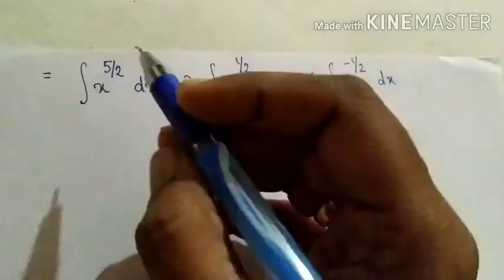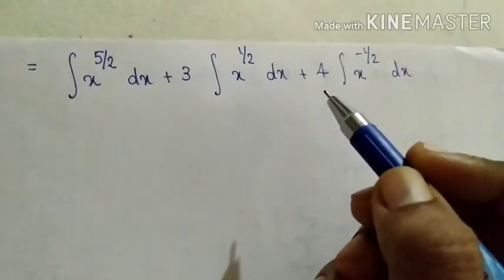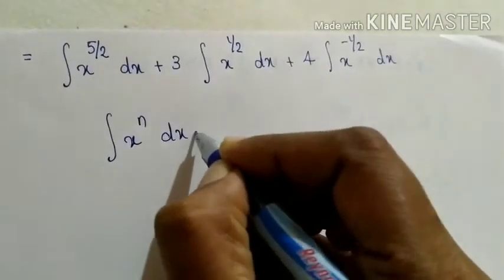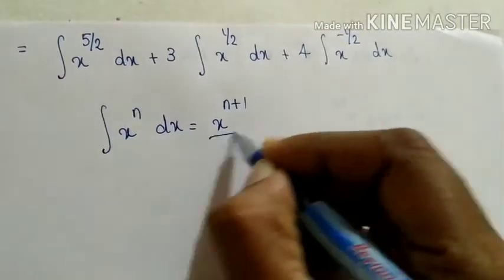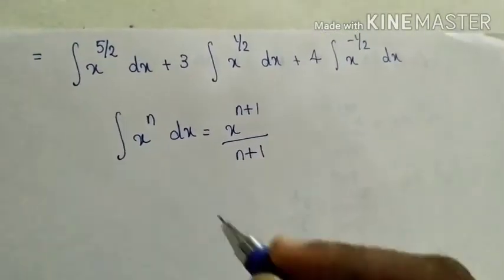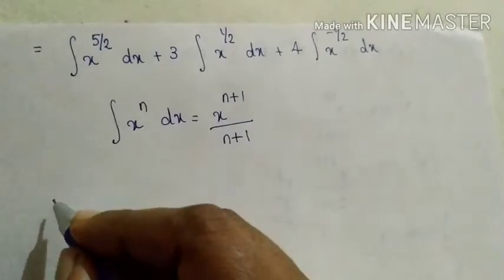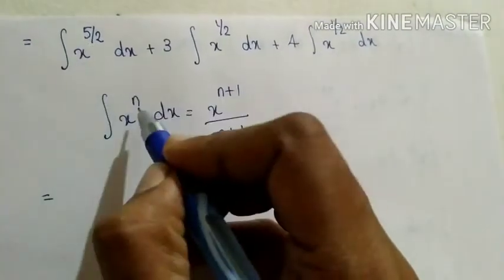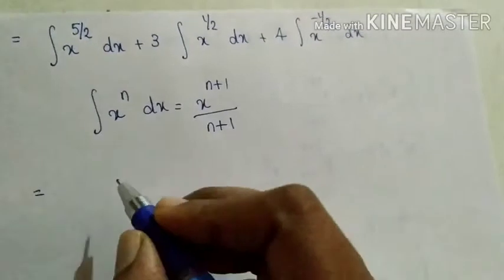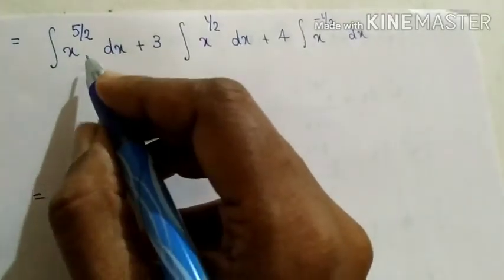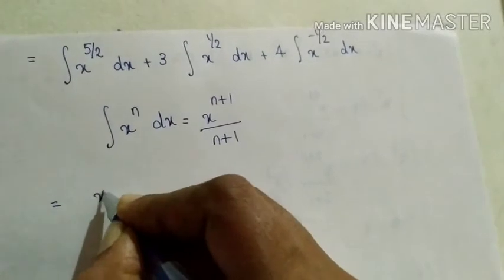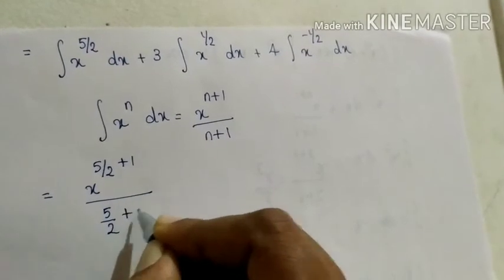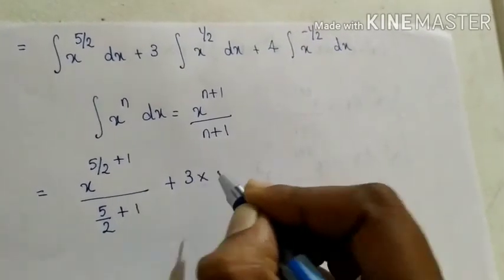Next, we need to find all these integral values, and we know that the standard integral of x raised to n dx is equal to x raised to n plus 1 divided by n plus 1, right? So first we need to find the integral x raised to 5 by 2 dx. Replacing this n by 5 by 2, we get the answer as x raised to 5 by 2 plus 1 divided by 5 by 2 plus 1, plus 3 into, since 3 is a constant, right?